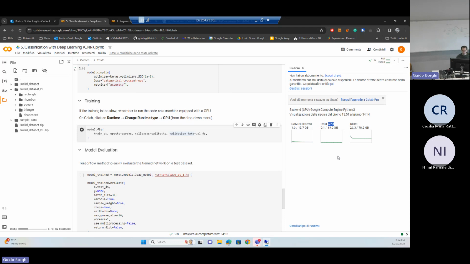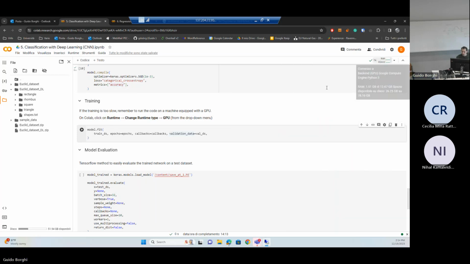So I know that I have already requested the GPU for my virtual machine. There is also here the name of the GPU, T4. If you don't have the GPU, here you have only 2 plots, the system RAM and the disk. So remember to ask for a GPU, and then we can click.